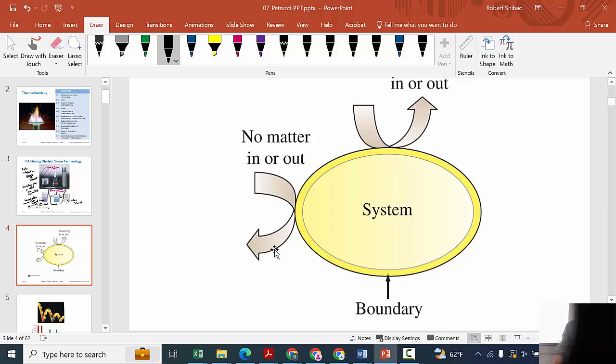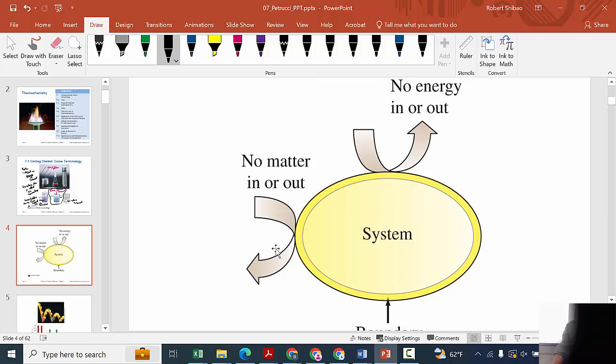So what type of system is this? This would be an isolated system. An isolated system has some kind of insulation around here or something, some barrier to prevent exchange of energy and exchange of matter.